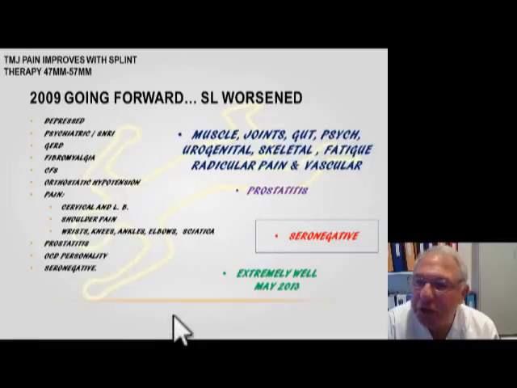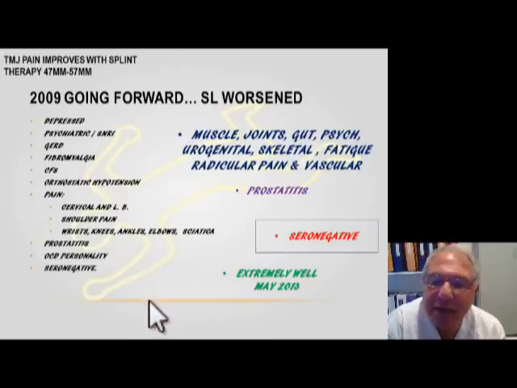He had GERD, which means he had gastric reflux. He was diagnosed with fibromyalgia, chronic fatigue syndrome, orthostatic hypotension, and he had pain in his cervical area, his shoulder area, upper body quarter, wrists, knees, ankles, elbow, and additionally, he developed sciatica pain.